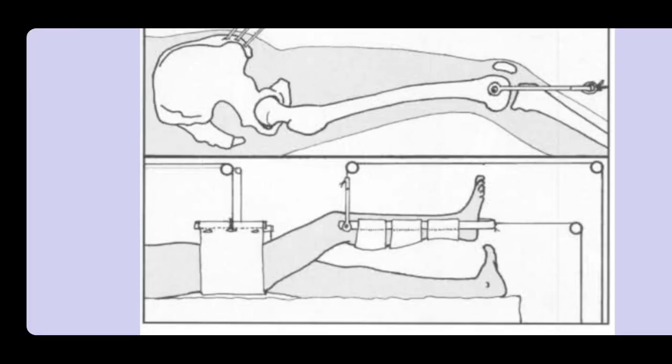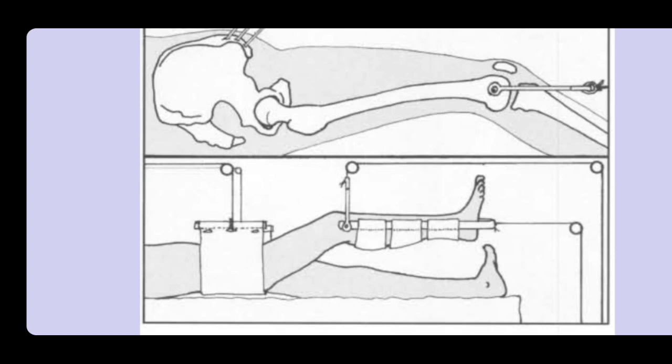The next type, which are vertically unstable, usually has a vertical shift present that should be corrected. So skeletal traction should be applied to the lower extremity on the injury side.